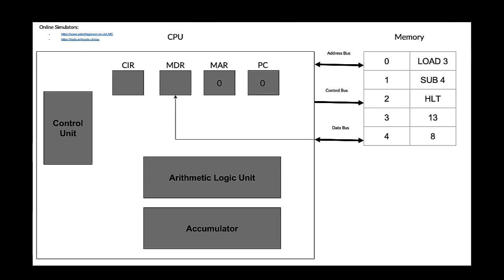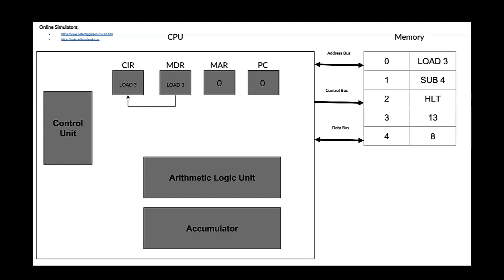The returned data is a value and it's not an address. So it will be stored in the MDR, which holds values and instructions to be used by the CPU. If the value is an instruction, which it is in our case, it's automatically copied from the MDR to the CIR, which is the current instruction register.